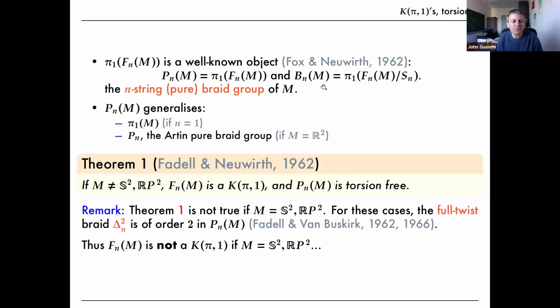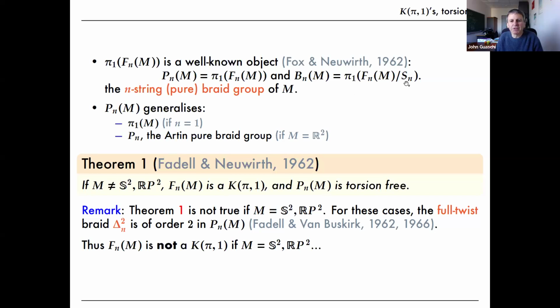The pure braid group of M generalizes two things. It generalizes the fundamental group: if you take n equal to 1, then the configuration space F1 of M just collapses to M. And it also generalizes the usual Artin pure braid group: if you take M to be the plane or the disk, then you recover the Artin pure braid group.